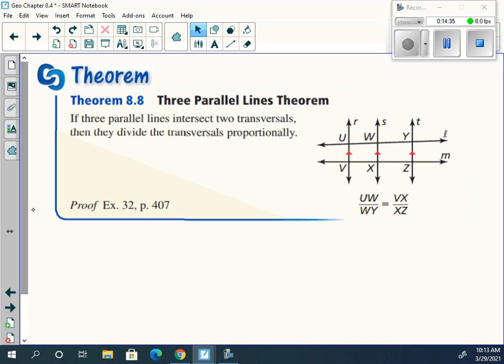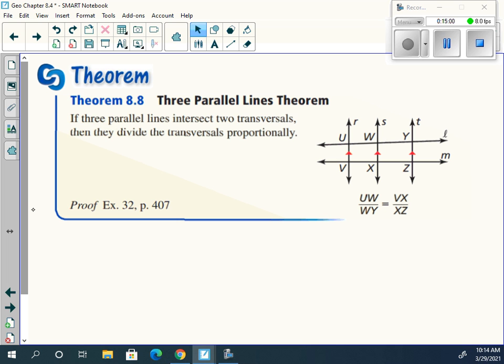We're going to take that theorem that we just used a step further, because the way we used it a minute ago is dealing purely with triangles. Now we can use it with any lines. Given 3 parallel lines intersected by 2 transversals, then they divide the transversals proportionally. Because for any lines to be parallel, the distance between them has to be the same.